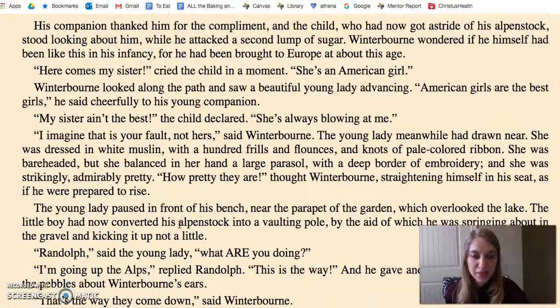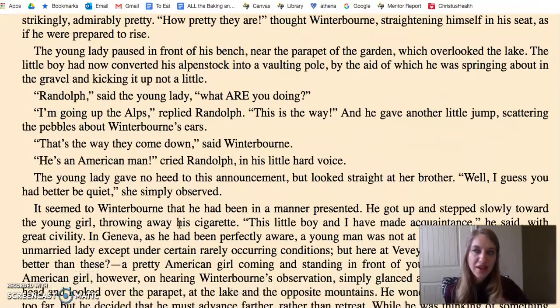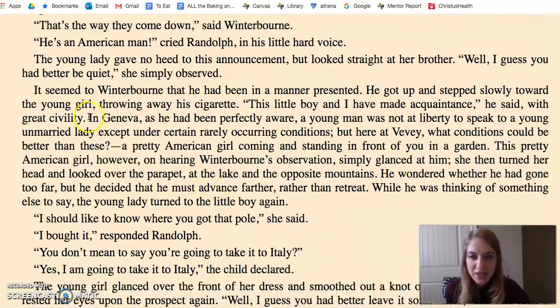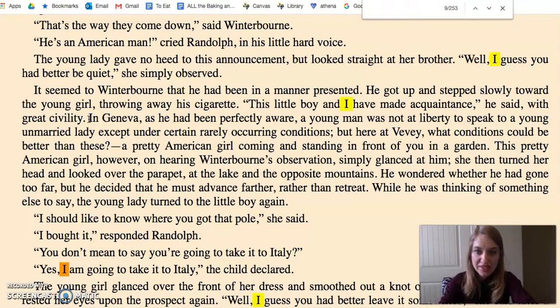His sister comes up shortly, and they have this moment where they could meet, but it's unclear if they're supposed to meet. If we look down, the sentence starts, "In Geneva, as he has been perfectly aware." I think it is useful to use Control F and find things.